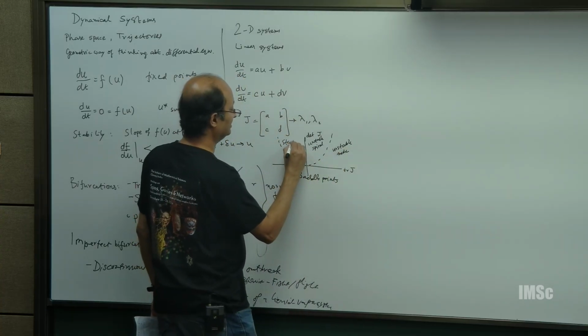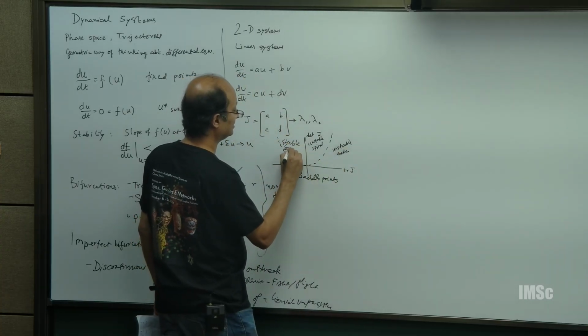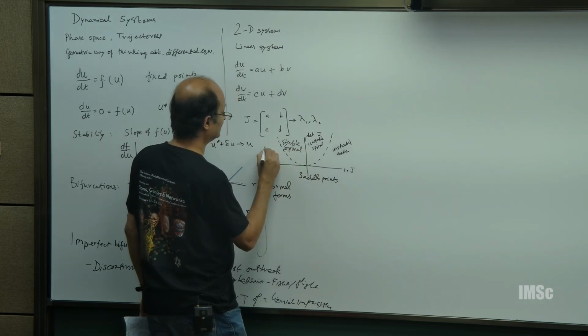This will be a stable spiral, this would be a stable node.